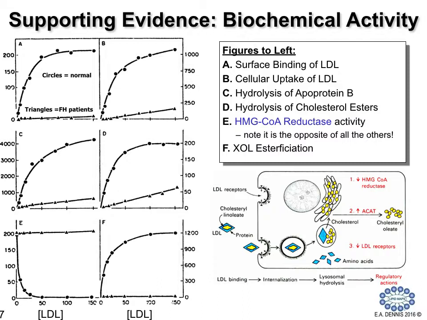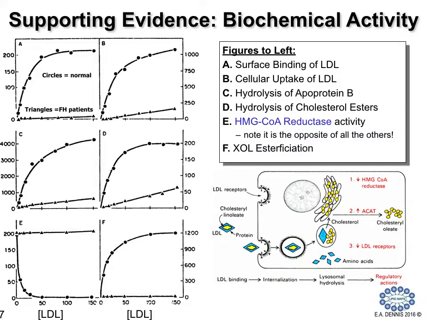In panel D, a similar reaction was looked at for the hydrolysis of radiolabeled cholesterol esters, and again, there was a proportional binding, and then products of cholesterol ester hydrolysis were observed in normals but reduced in patients.